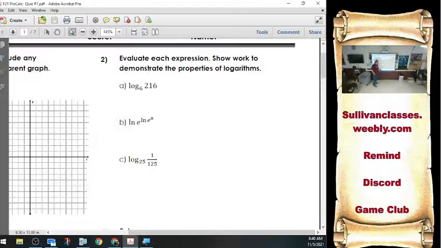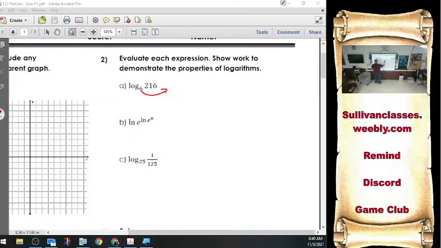Okay, next one. Evaluate the expression. I know that if you have a log base button, you can just type this and write the answer. I will not accept it. I want something on there to show that you understand the property that got the answer. For example, log base 6 of 216 is asking the question, 6 to what power makes 216?